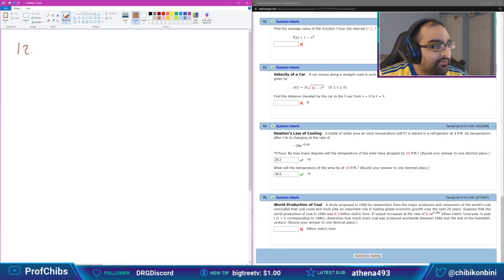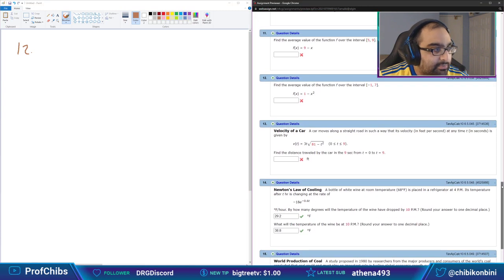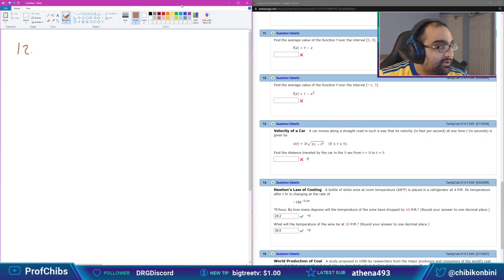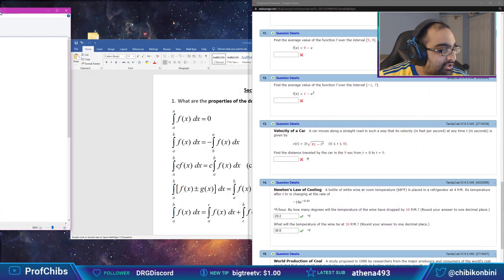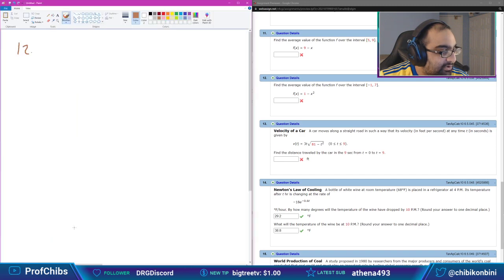Number 12 says find the average value of the function over some interval here. So average value is going to be a slightly different guy, and I want to showcase that.